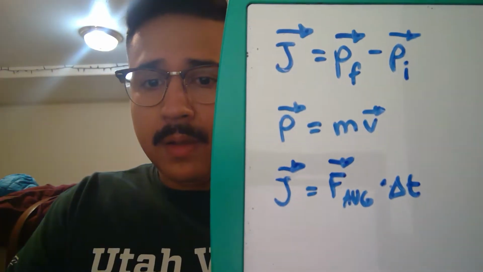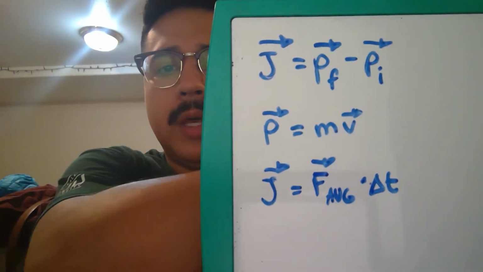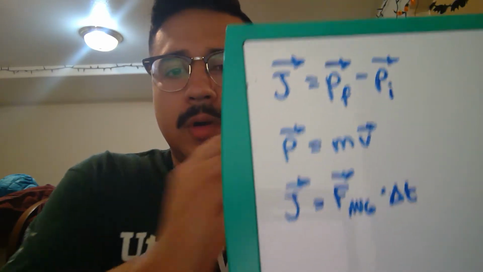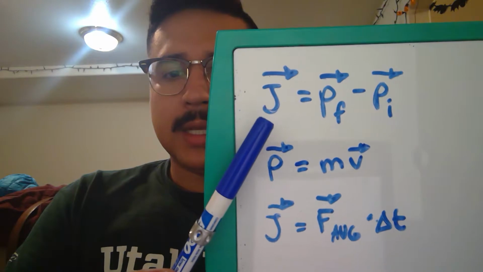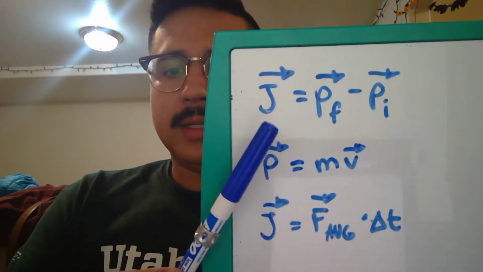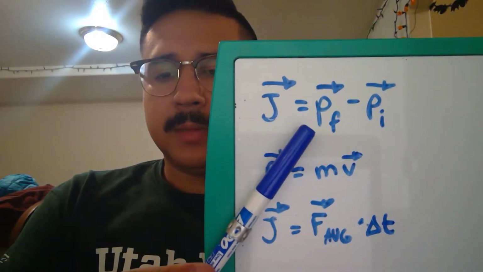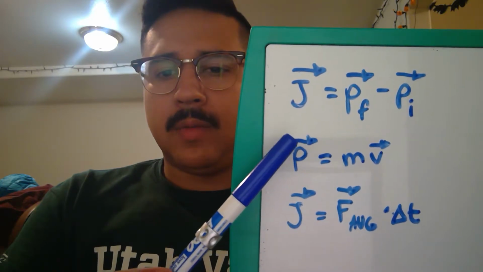So I'm going to refer to the 3 equations that I used to solve the problem, which really helped, and it had a lot to do with the last problem I did, which was problem 6. The 3 equations I used were, the first one denotes that the impulse is equivalent to the change in the momentum, which is going to come in handy.